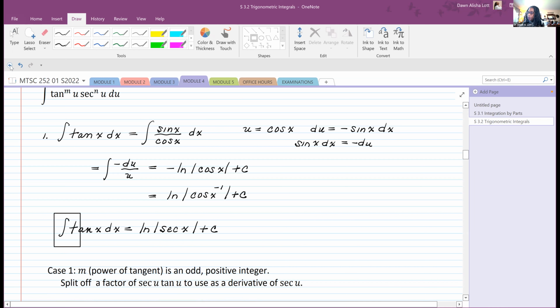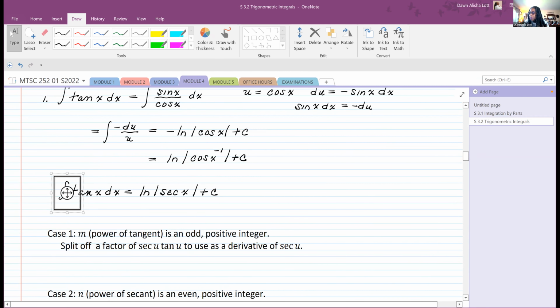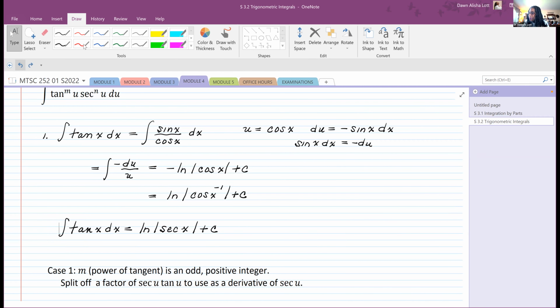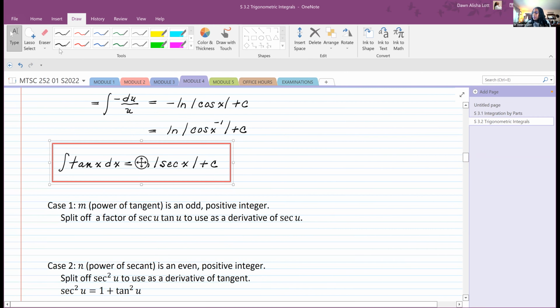So that is one of the reasons why we write this formula instead of the log minus the log of cosine, we write it as positive the log of secant, because again, secant and tangent are partners.